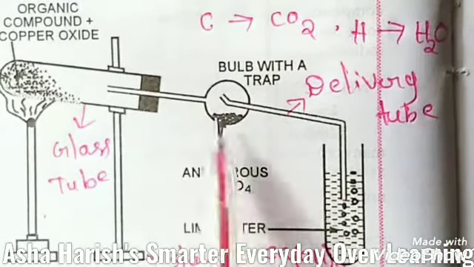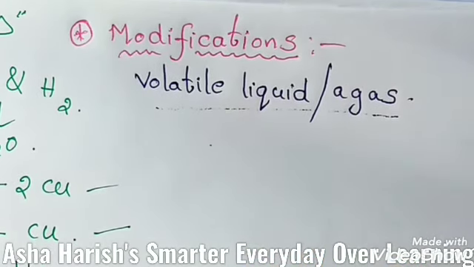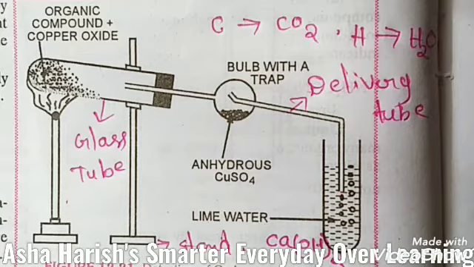Now in this experiment, what are the modifications you have to see here? If the organic substance is a volatile liquid or a gas, the vapors of the compound are passed through heated cupric oxide.